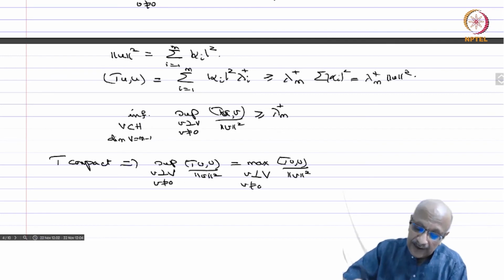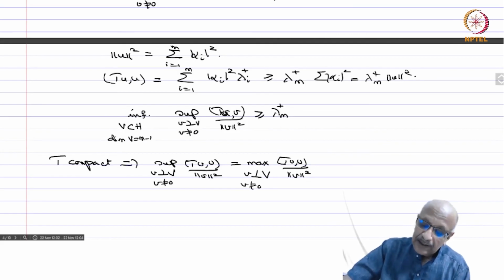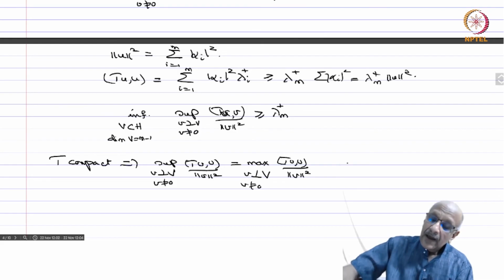It will also be orthogonal to V, and therefore it will attain the maximum. So the sup is actually a max.